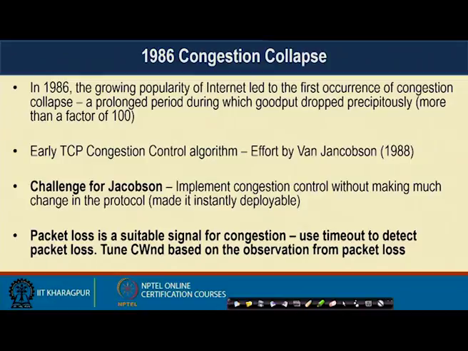Based on the observation of congestion collapse, Van Jacobson was the key person who investigated this phenomenon of congestion in the internet. This early TCP congestion control algorithm was developed by Van Jacobson, and the initial proposal came around 1988, as a successor to the congestion collapse that happened in 1986.